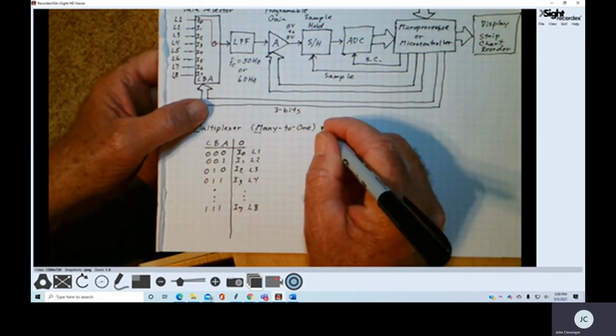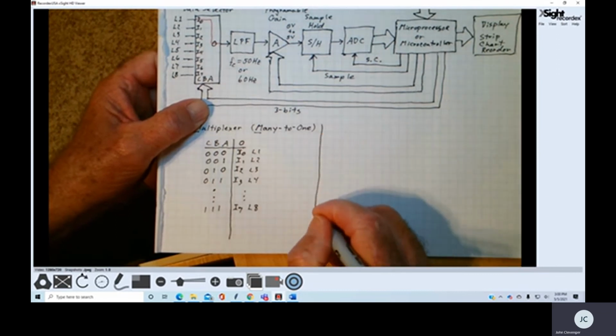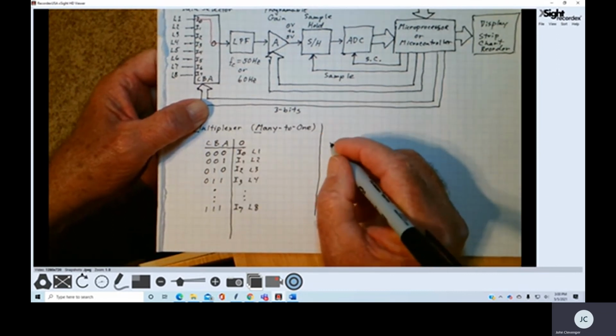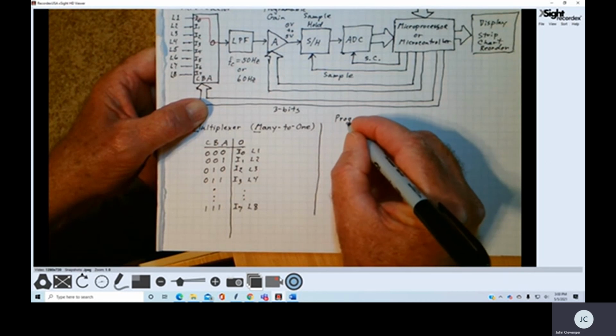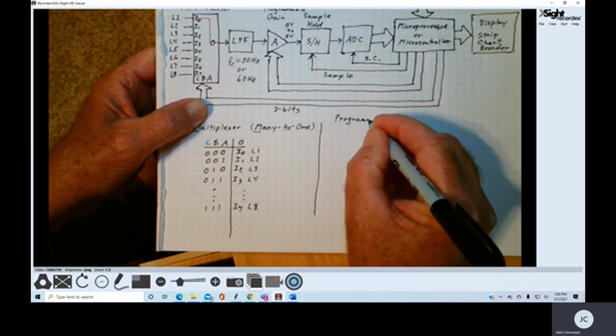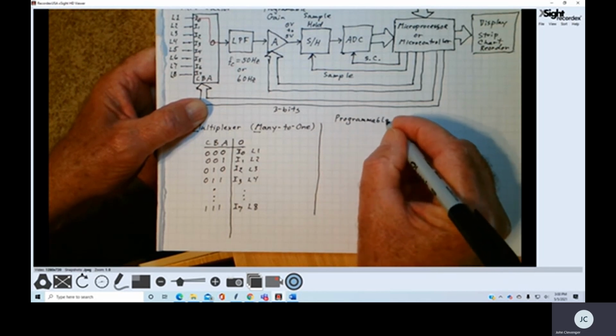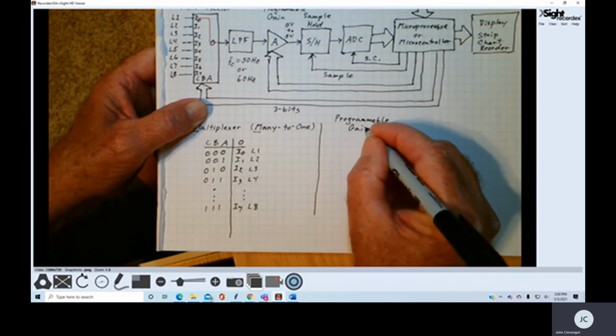So for my programmable gain system, for example, we could have 3 inputs. Let me make a note here. Programmable gain.